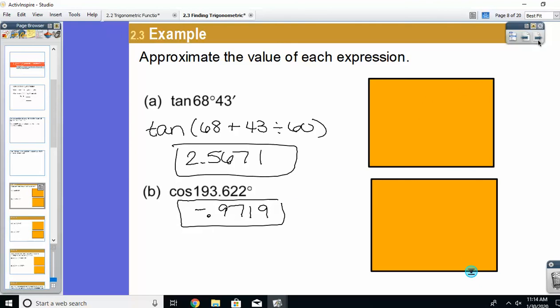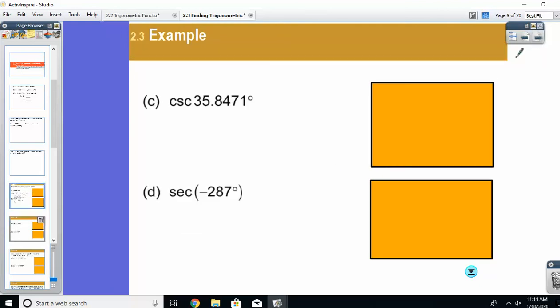Let's talk about if I don't give you one of our functions on the calculator.